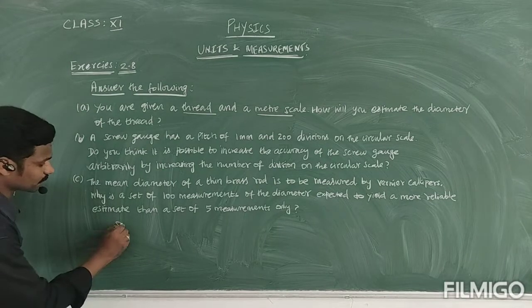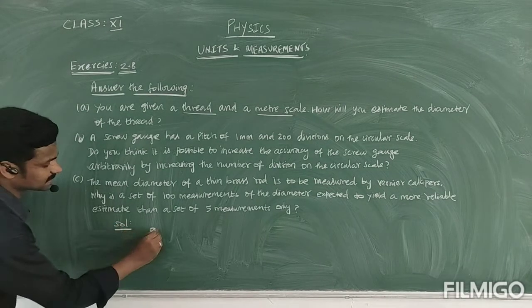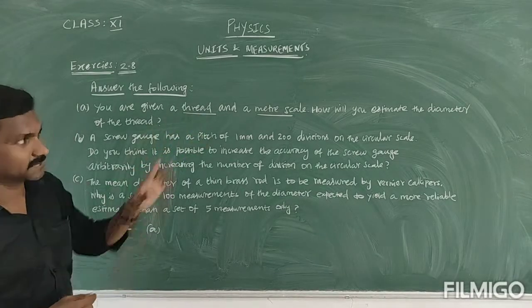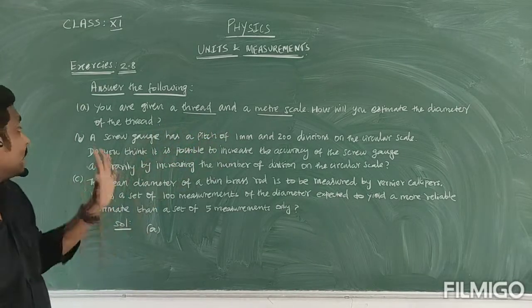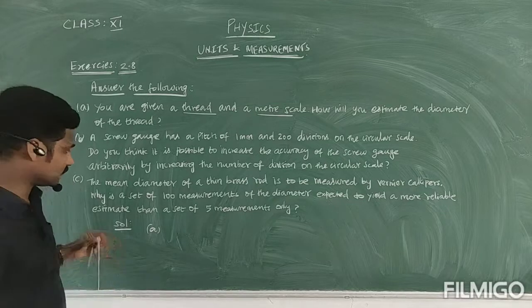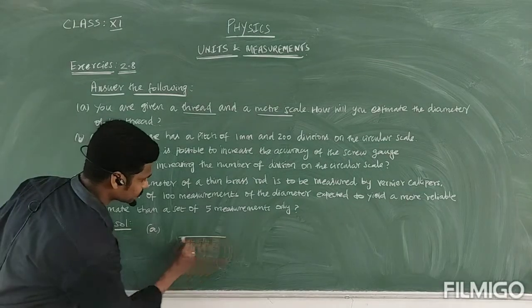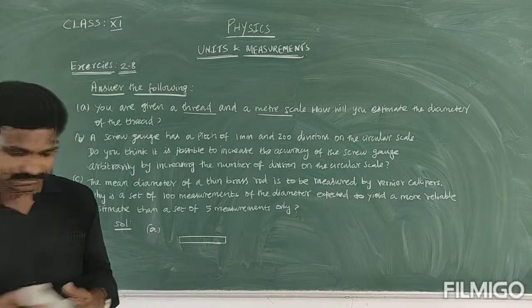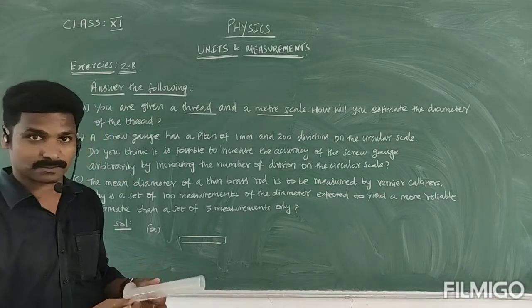So we can solve one by one. First, let's take question A. In question A, a thread and a meter scale are given. They are asking how to estimate the diameter of the thread. Very simple. Let us take this meter scale. Suppose you don't have a meter scale, let's take this kind of cylindrical bar also.